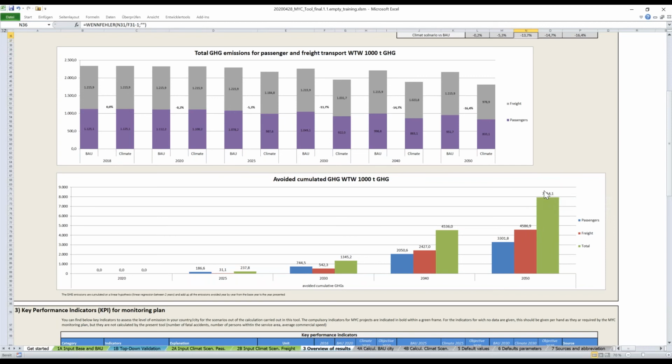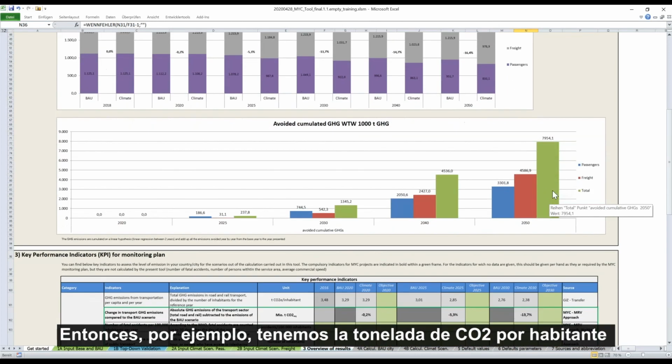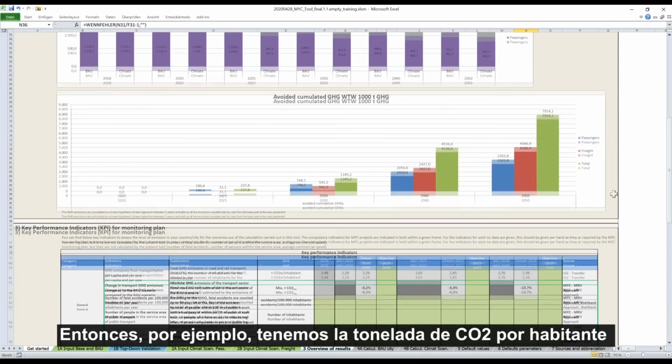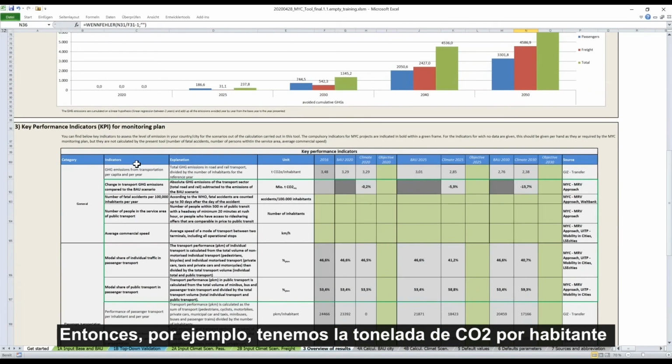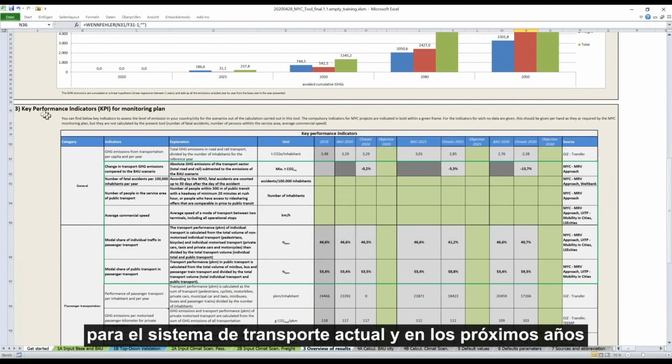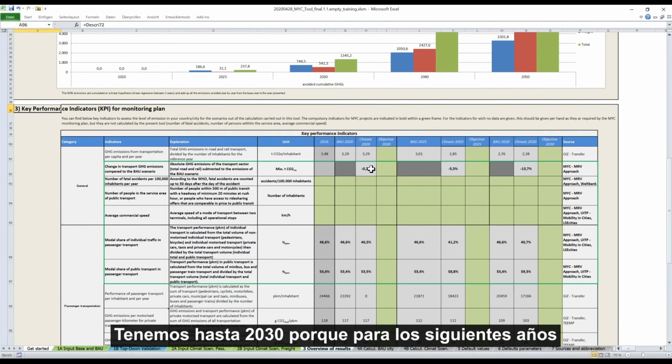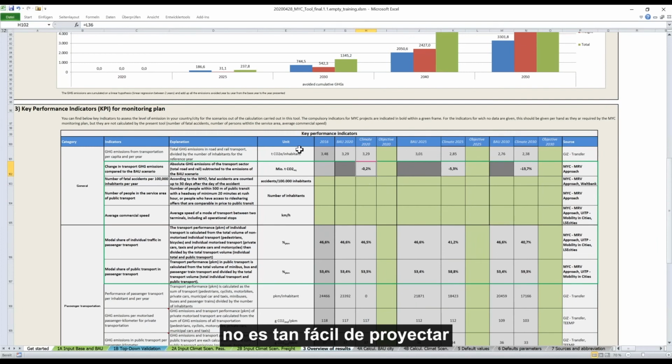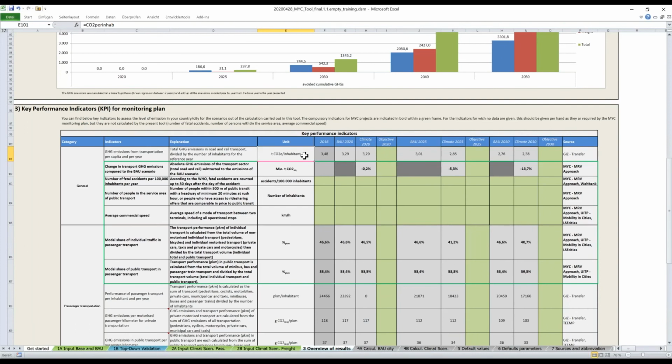Finally, you have some key performance indicators here that give you an idea of where you stand currently. So for example, we have the tons of CO2 per inhabitant for the transport system. In the next years, you just have until 2030, because afterwards it's not so easy to project after 2030, at least for us.